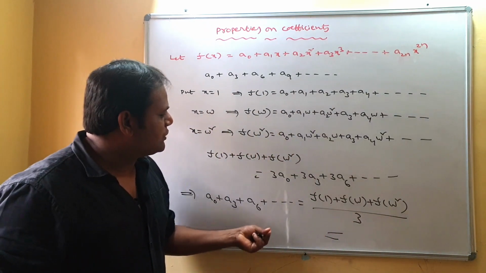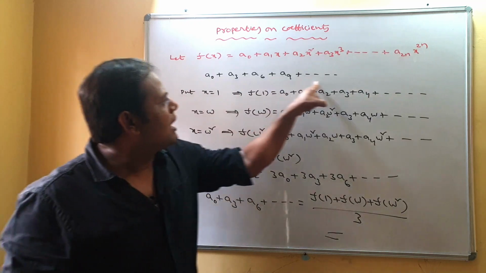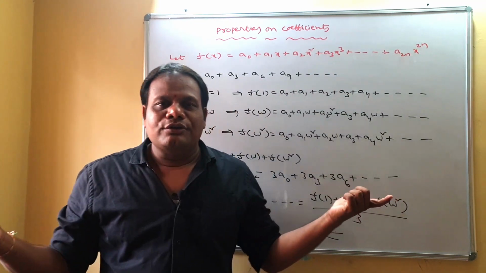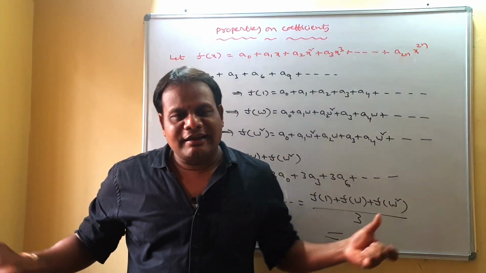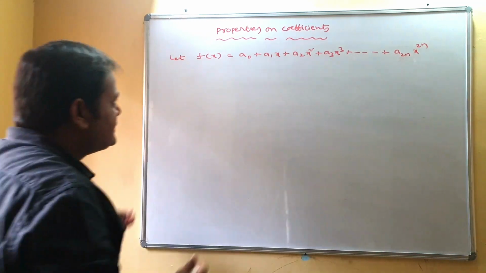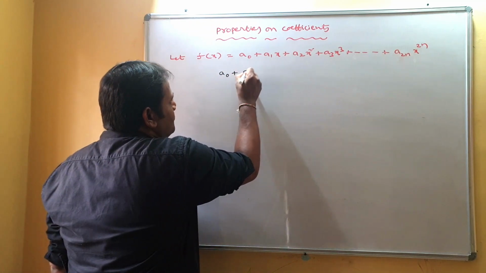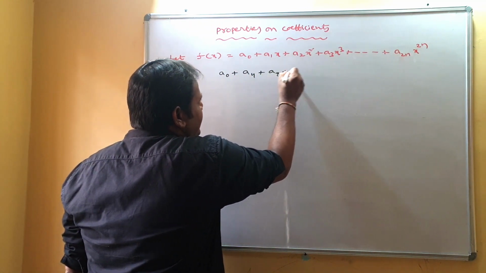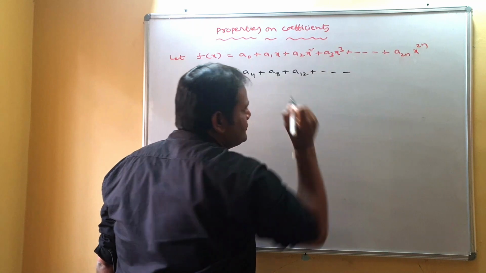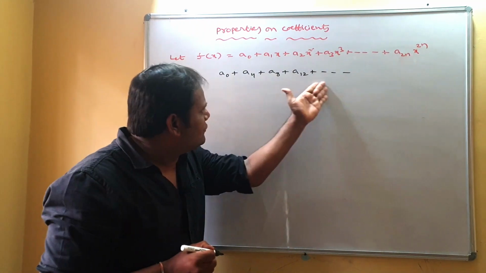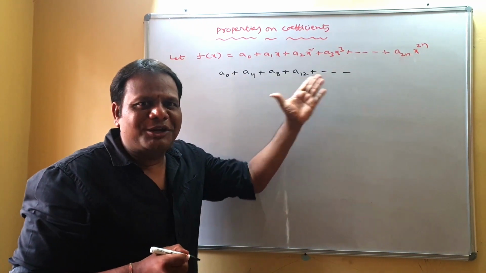So my dear students, you remember that here all are multiples of 3. So you take cube roots of unity and add them, then you can get that. Similarly, one can ask you, what is a0 plus a4 plus a8 plus a12 plus so on. So here you observe all are multiples of 4.